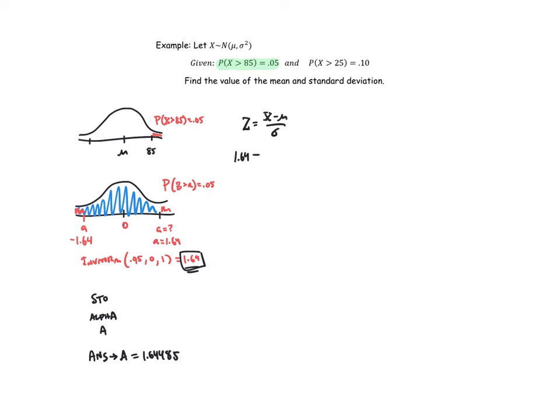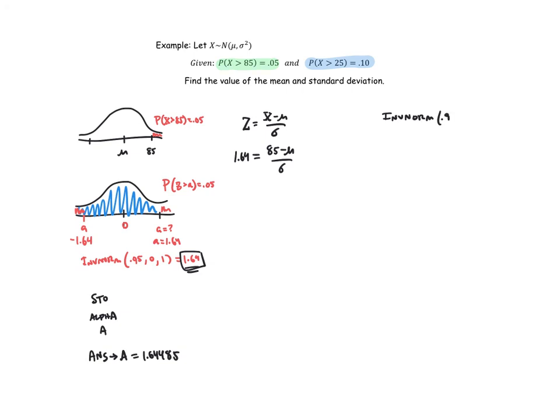Okay, I know that x equals 85. I don't know mu and I don't know sigma. Okay, so I'm going to do the same thing on the other side for this probability. I know the probability that x is greater than 25 is 0.1. I'm going to use an inverse norm.